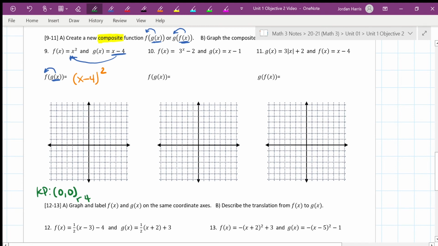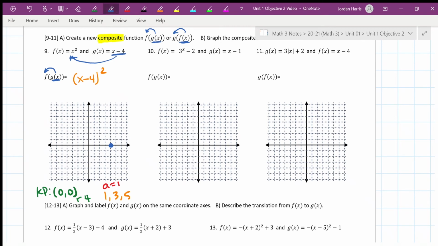So I'm going to go here, 1, 2, 3, 4. Then we follow our a is 1. So we follow our 1a, 3a, 5a pattern. So it's 1, 3, 5.